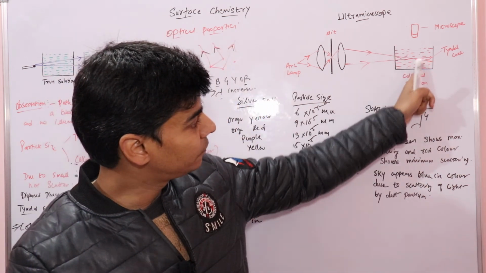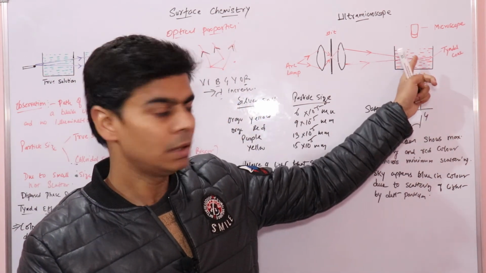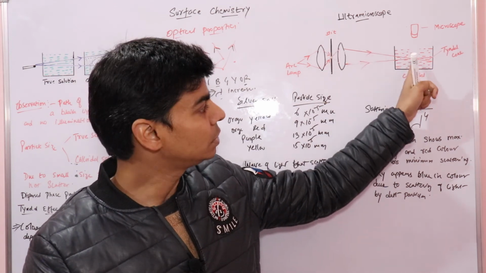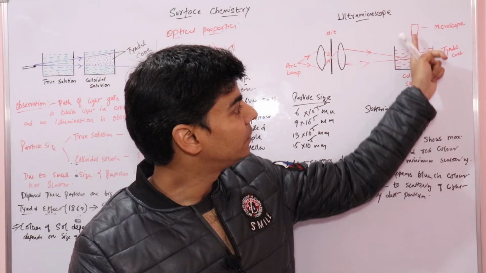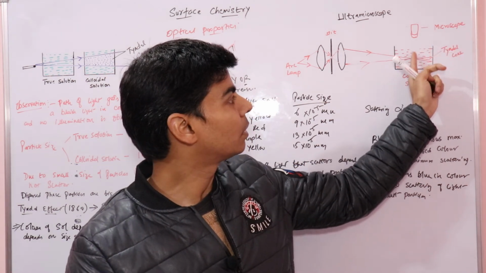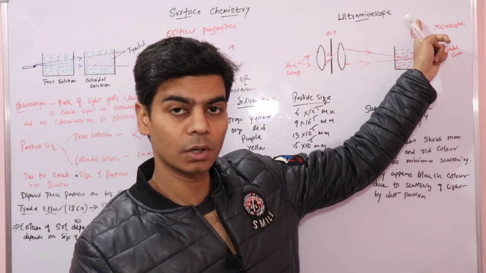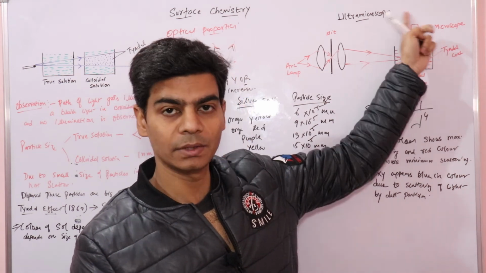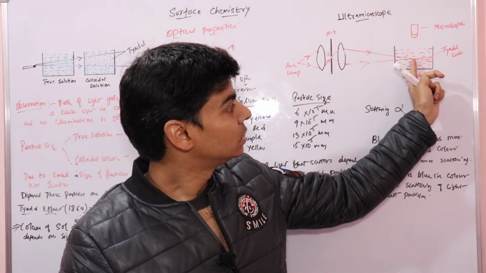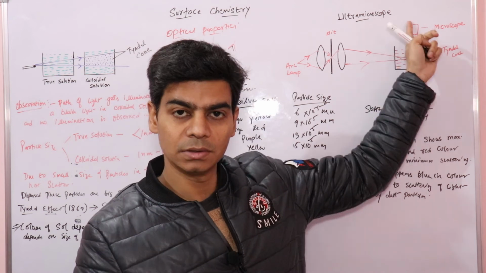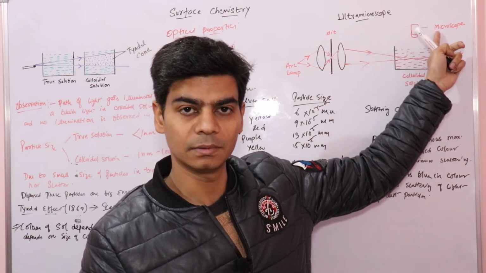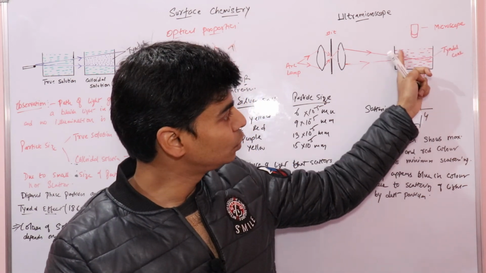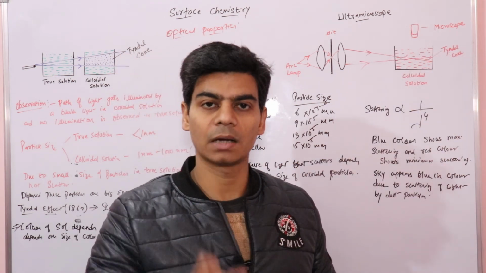Since this is a colloidal solution, the particles in it will scatter the light. The scattered light will reach the observer's eye, and it is due to this scattered light that you see bright points on a dark background.